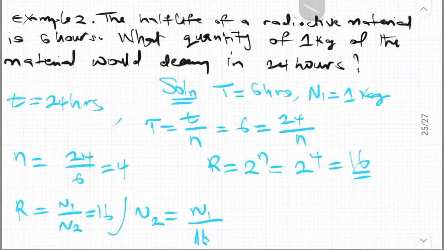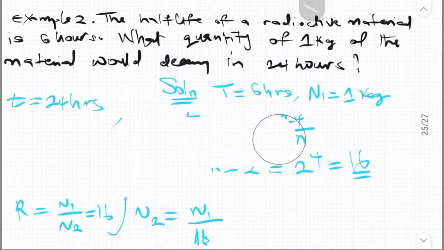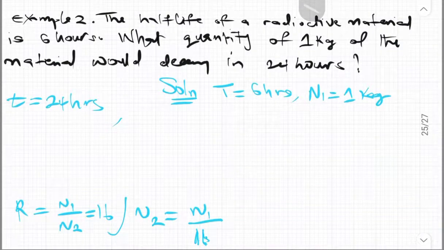I'm running out of space, so let me clean up some space here. Okay, so we now have N2 equal to N1 over 16.